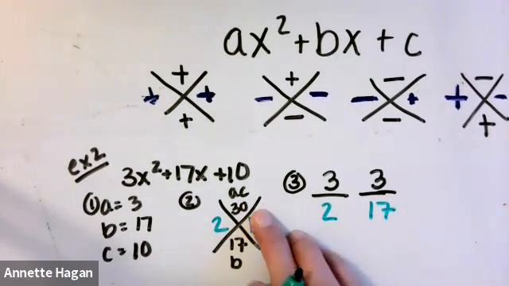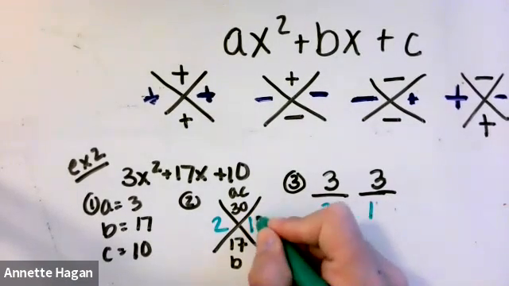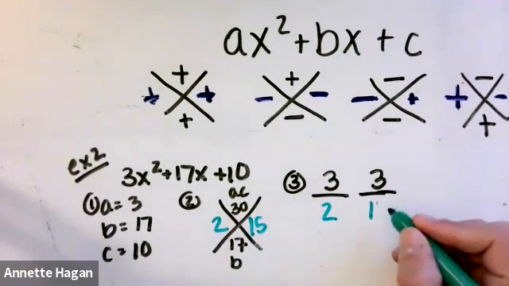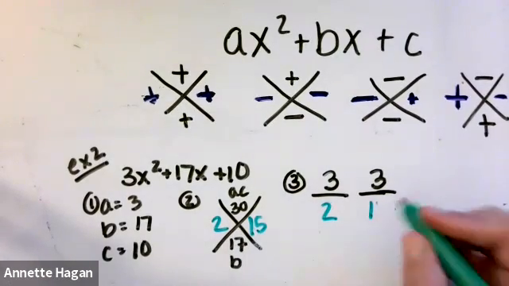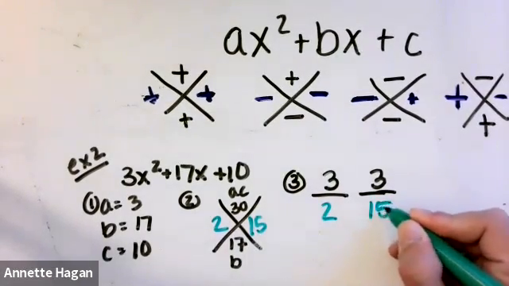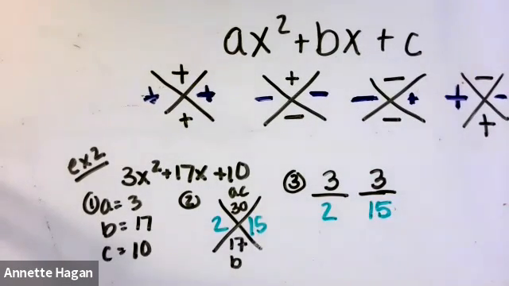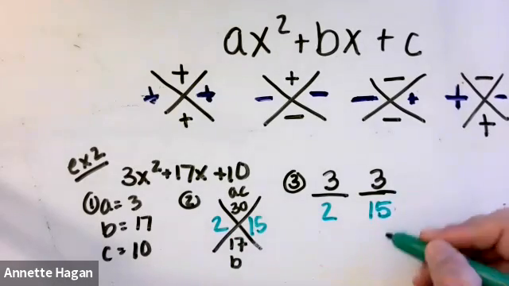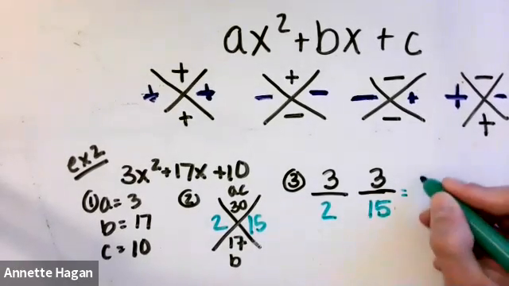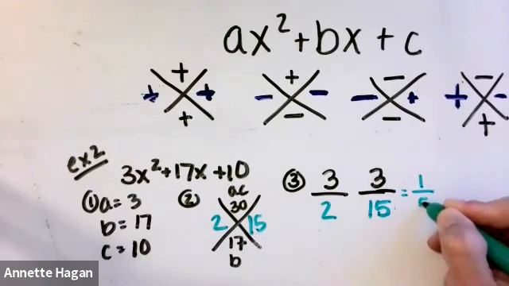Sorry, I'm making all kinds of errors. See, even I make mistakes. So look at this. 3 halves does not simplify at all. Leave it alone. But 3/15 does simplify to 1/5.